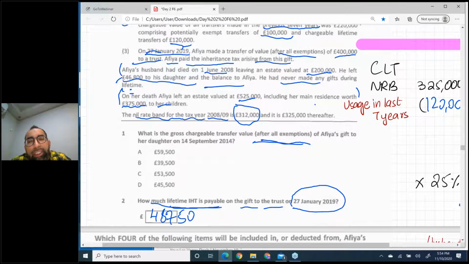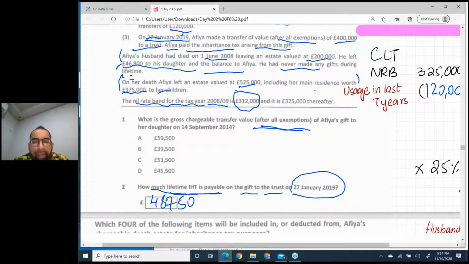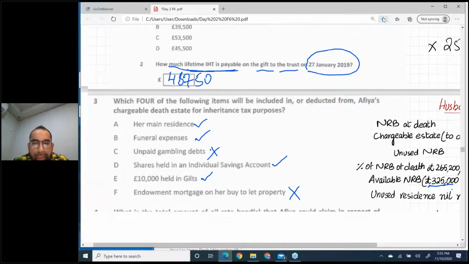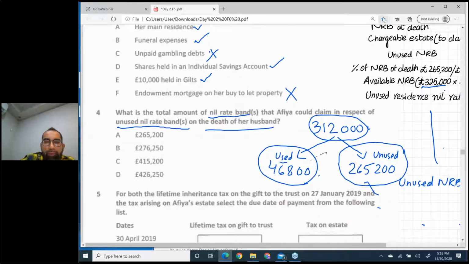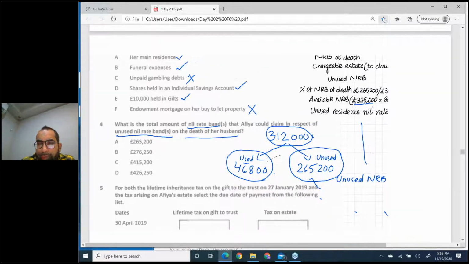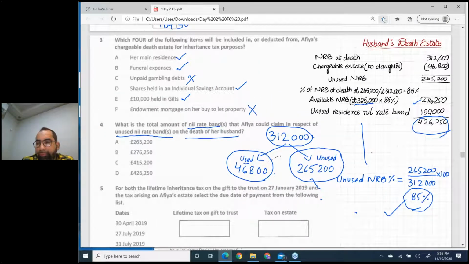That's why she can use her husband's residence NRB as well. So the answer for question number 4 is 426,250, that is D.